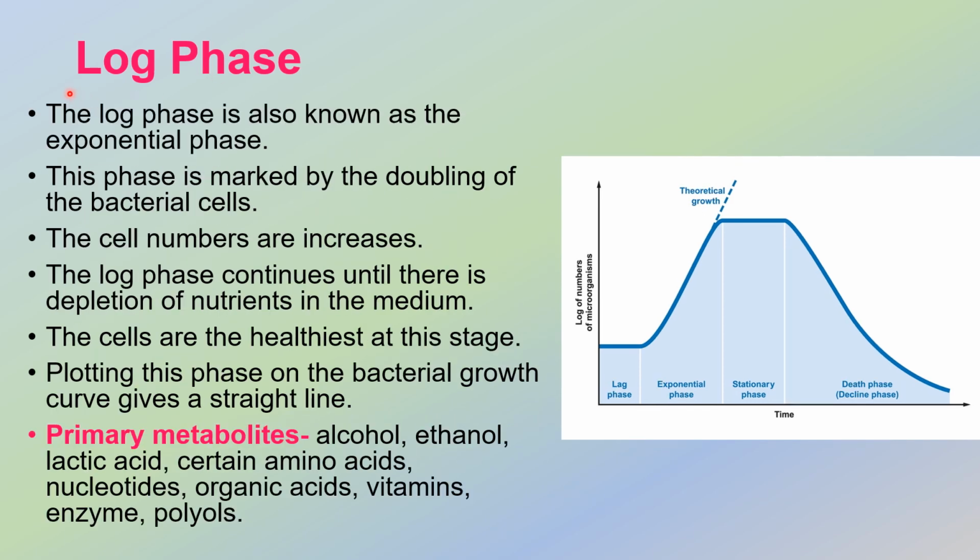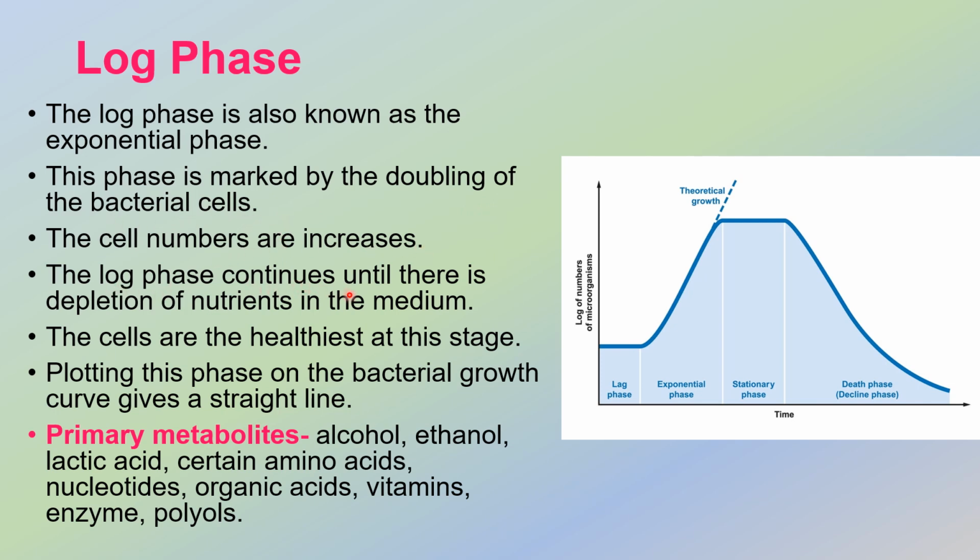Next to lag phase, log is the second phase of the bacterial growth curve. In this phase, cells start dividing regularly by the process of binary fission. If any toxic substance accumulates, it leads to stopping this phase or slowing the growth rate of bacterial reproduction. Researchers prefer this stage of bacteria for experimental purposes. The log phase, otherwise called the exponential phase, is marked by the doubling of bacterial cells and an increase in their number.